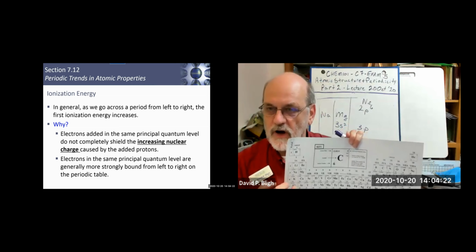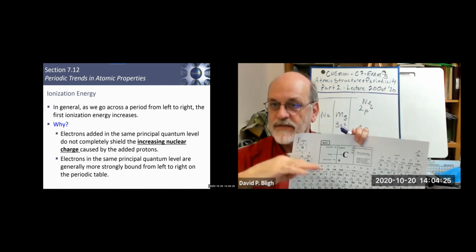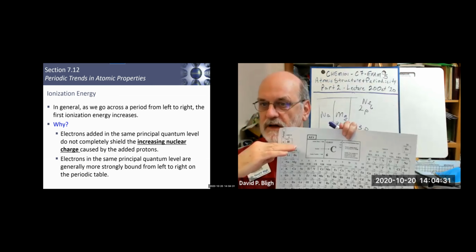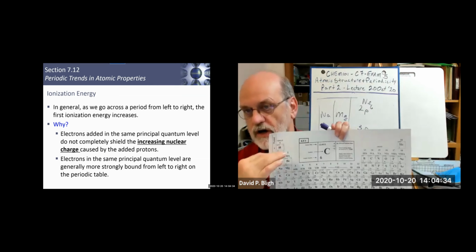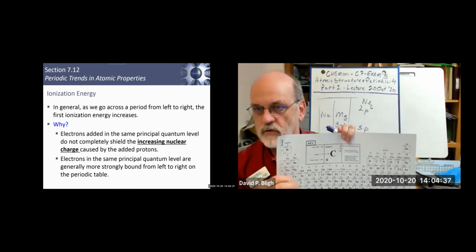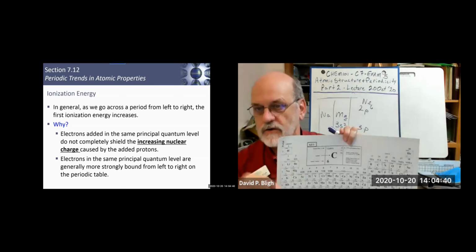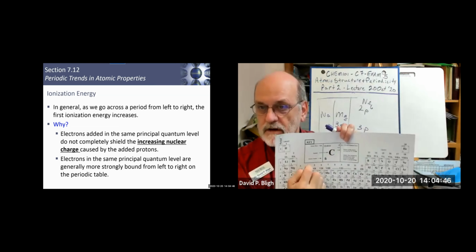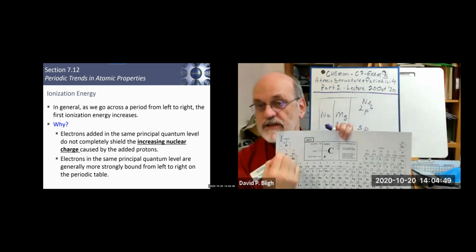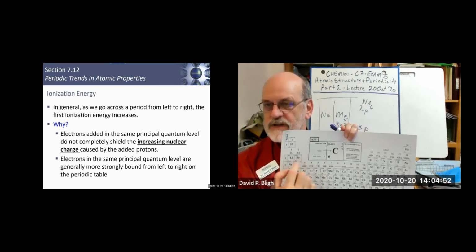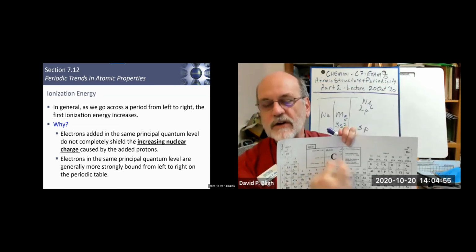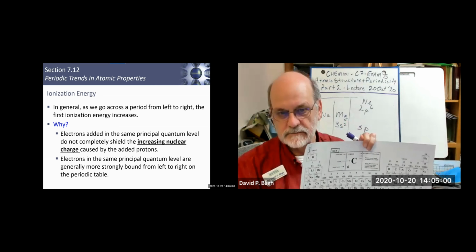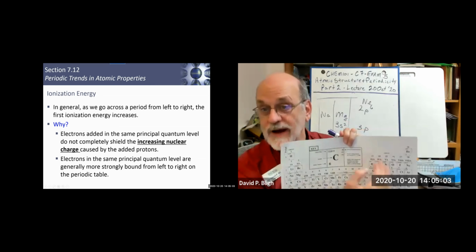And since all of the electrons in the valence shell are at the same, or roughly the same, energy level, they are not shielding one another from the nuclear charge. So when you remove one, it's like it's every electron for himself. So as you go from left to right, the effect of increasing nuclear charge is the dominant effect. And as you increase that positive charge in the nucleus, you make it more difficult to remove that first electron. That's the reason for the trend from left to right.